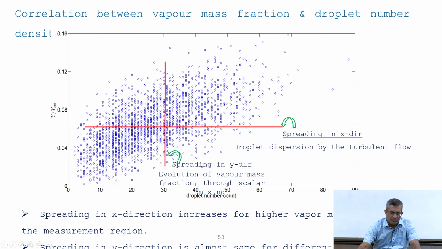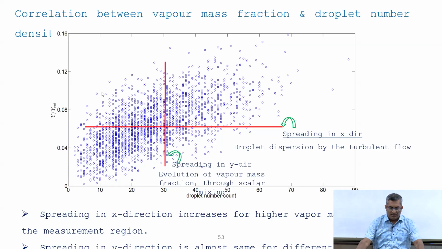Overall you see that as the number of droplets increases, the vapor mass fraction also increases. So, you can say that this is also expected. Why? Because the more the number of droplets, the total vaporization rate is high accordingly, and that is why the vapor concentration is high.